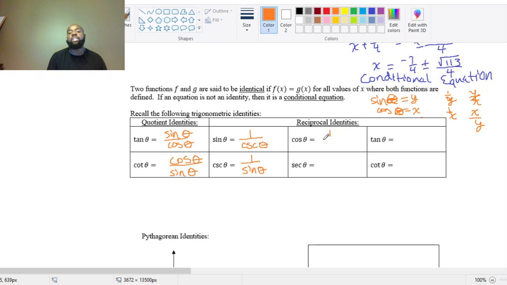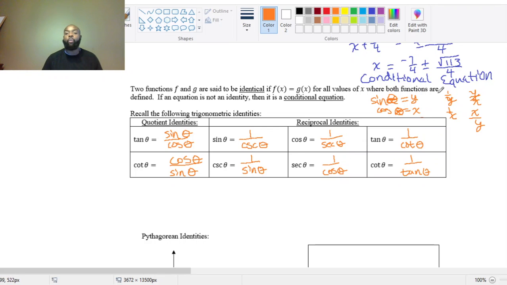Similar for cosine and secant of theta. Since they're reciprocals of each other, cosine of theta equals 1 over secant of theta, and secant of theta equals 1 over cosine of theta. And similarly for tangent and cotangent, tangent is 1 over cotangent of theta, and cotangent is 1 over the tangent of theta.